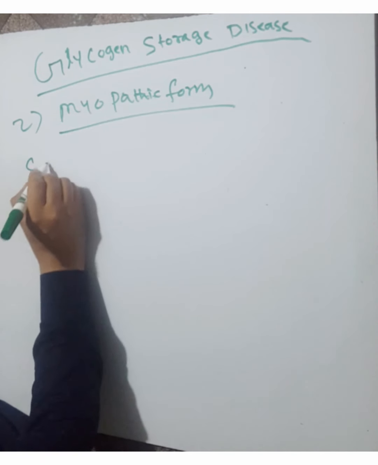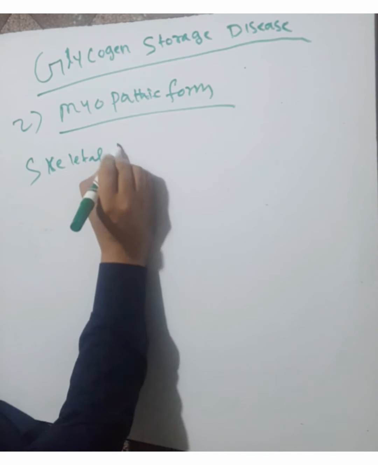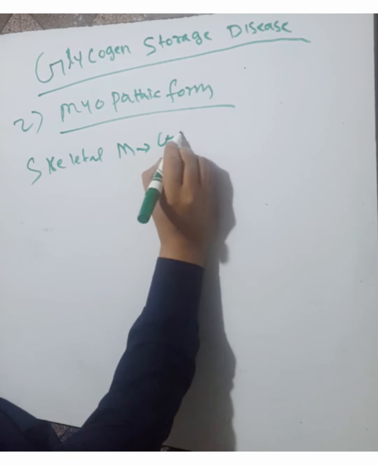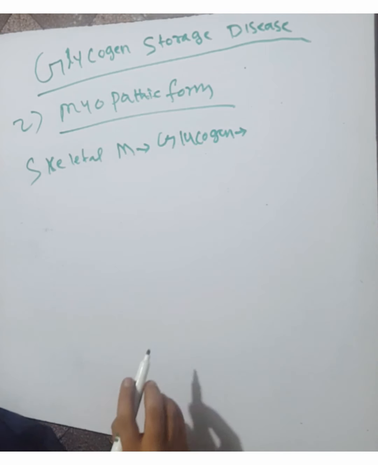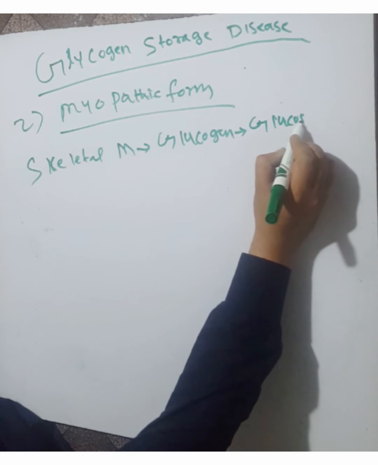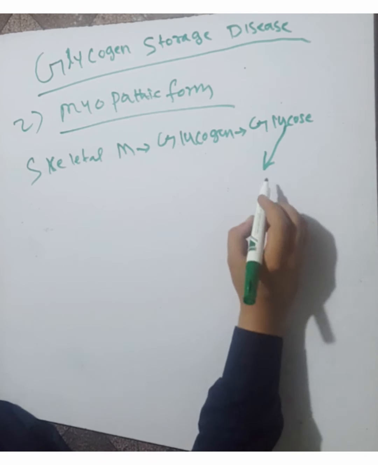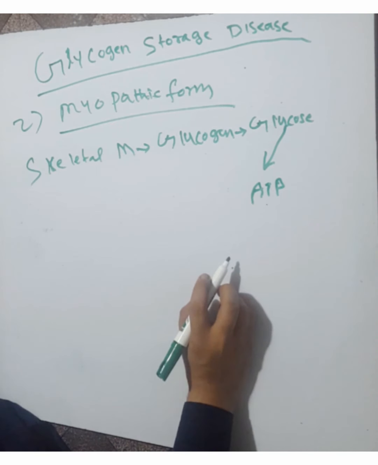The glycogen is stored in the skeletal muscle, and they convert this glycogen into glucose, which is then used for ATP formation as a source of energy.